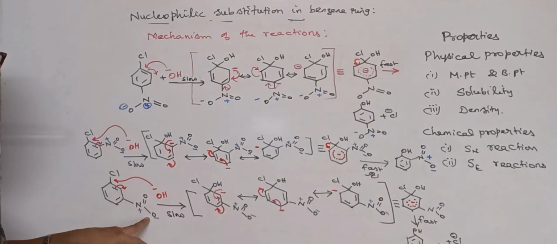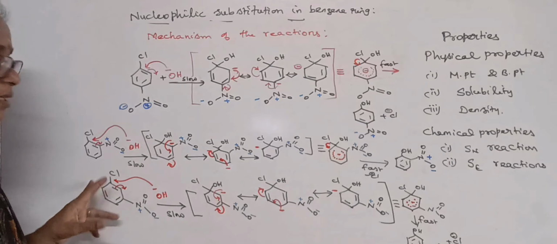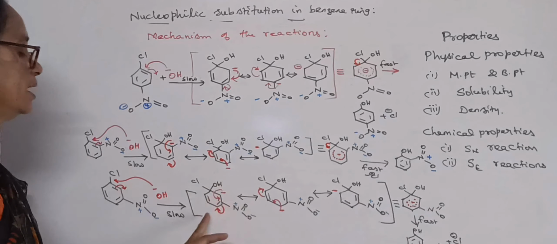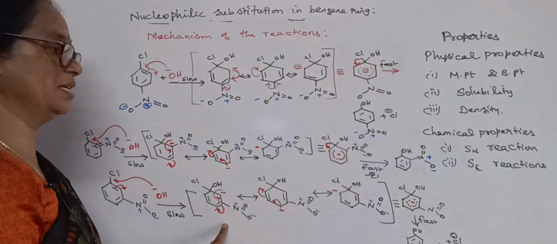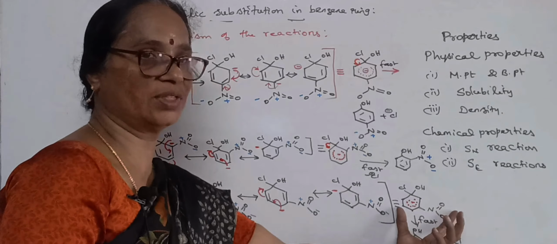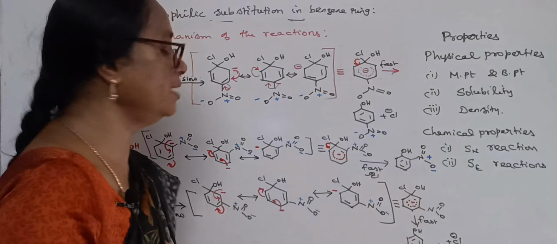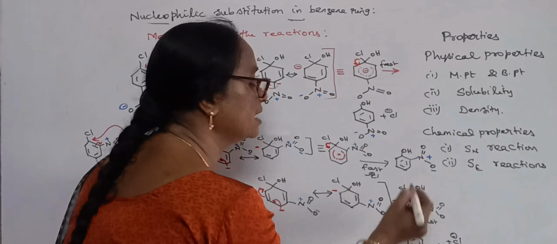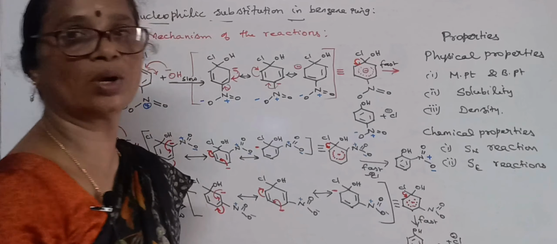But when the nitro group is at the meta position, the hydroxyl group attacks the first carbon and the negative charge gets delocalized over the benzene ring, making a resonating equivalent structure, from which the carbon halogen bond enters into the ring, leaving away the chloride ion.